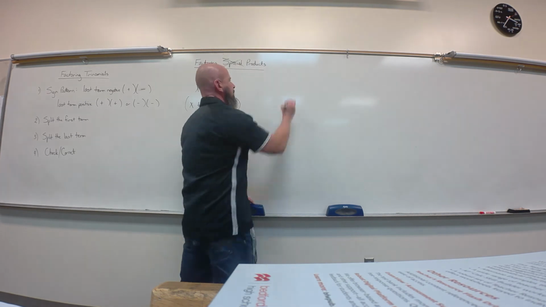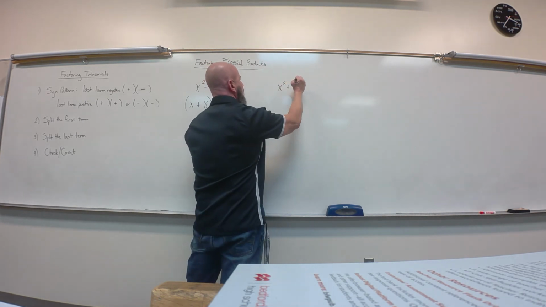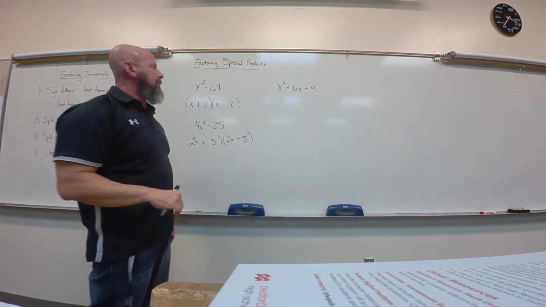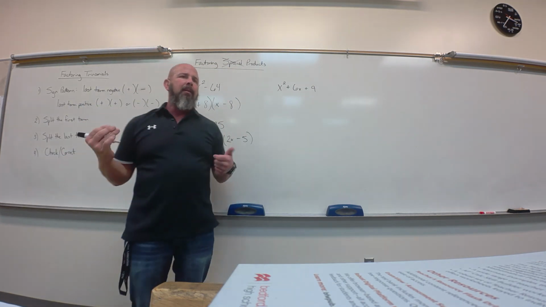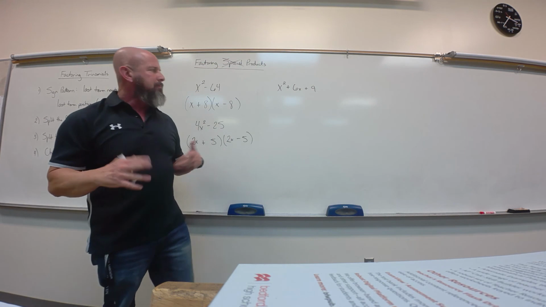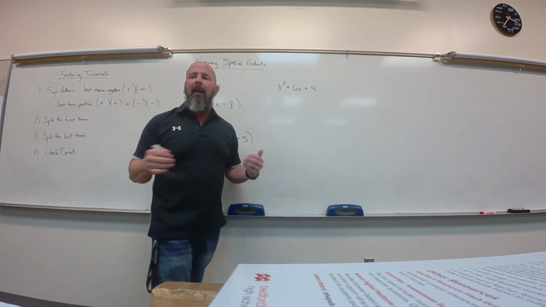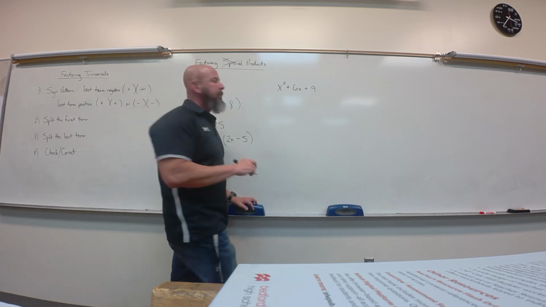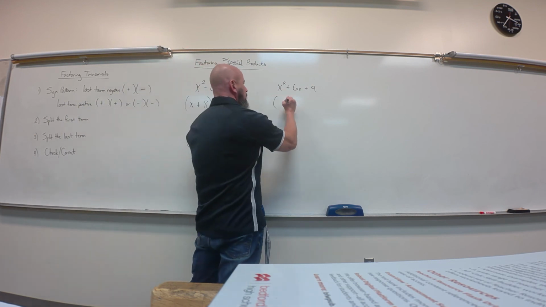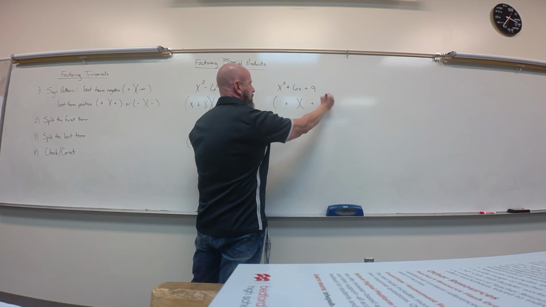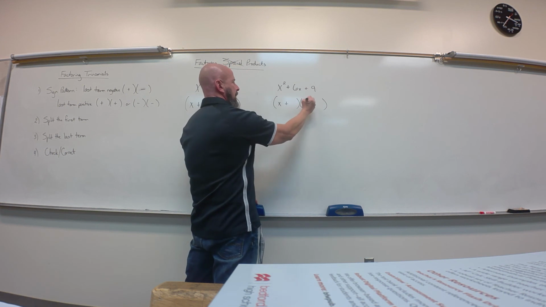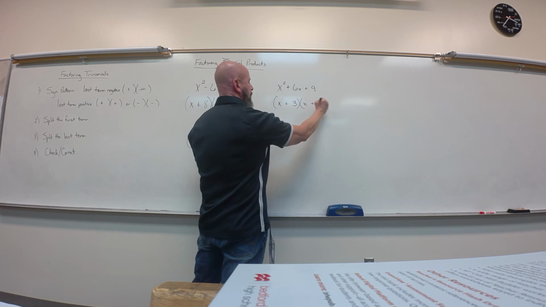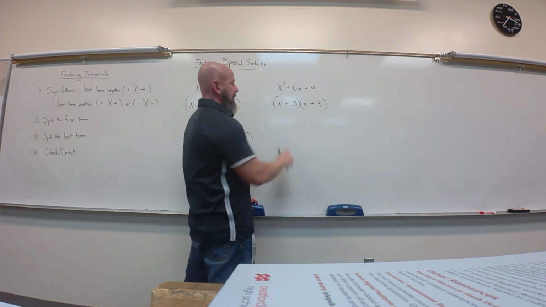The other type is something like this. Let's go x squared plus 6x plus 9. I'm looking to factor this. This represents the squared one that we saw earlier, but let's take a look at it. I'm going to factor like normal. Sign pattern first: plus, plus. x, x, there's my front. The back, 3, 3. I check.